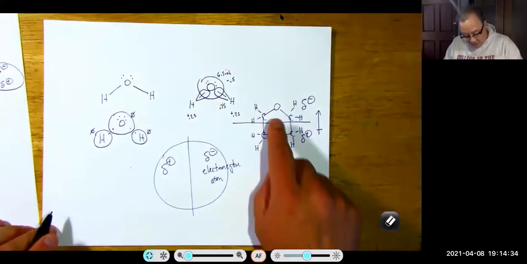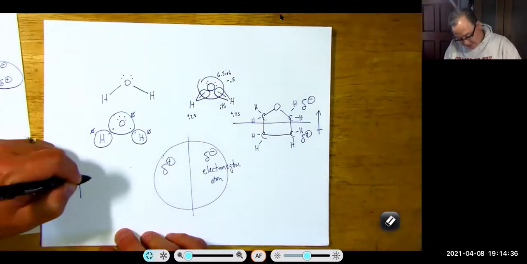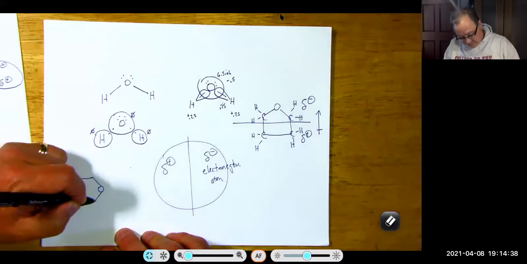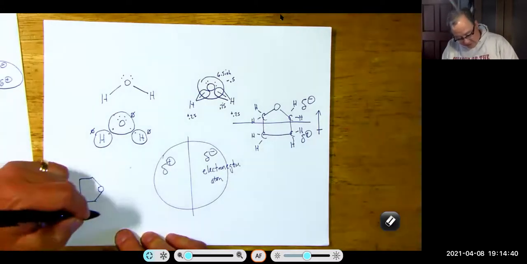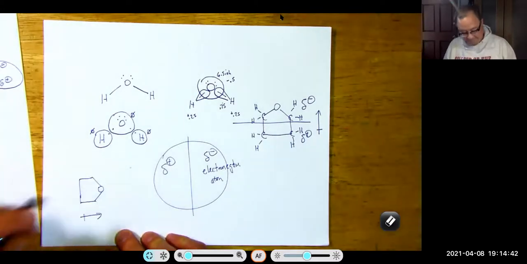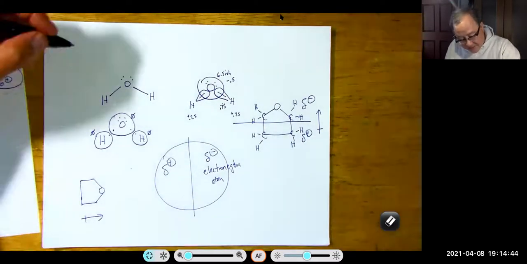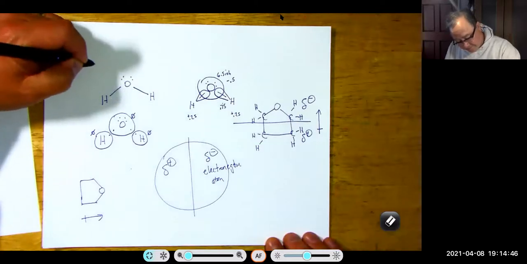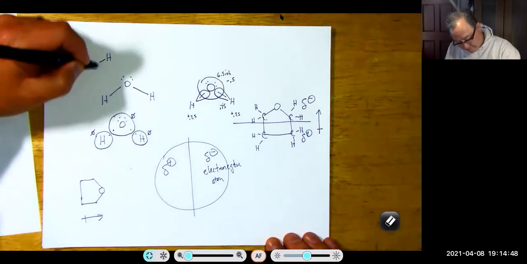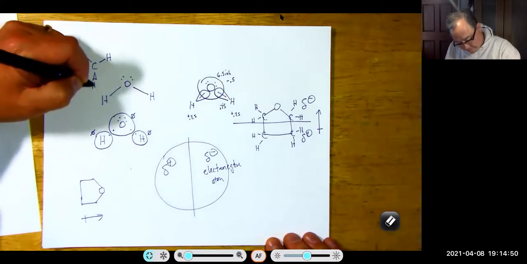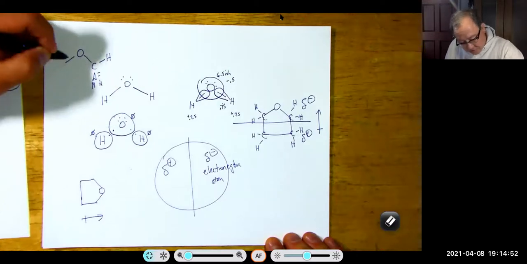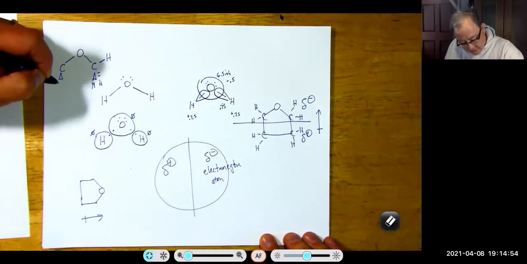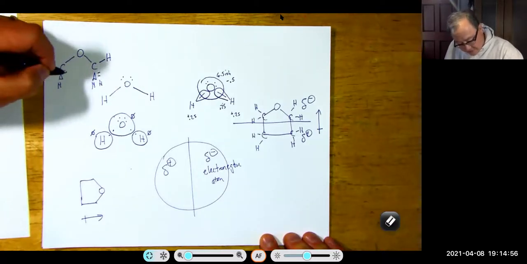Now, what if I took this molecule and drew it like this? Then I draw the arrow like that. What if I drew something like this? This is a molecule called dimethyl ether.